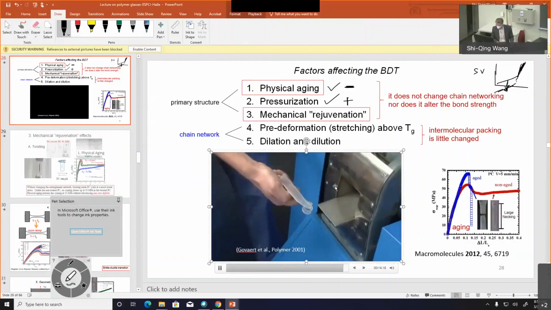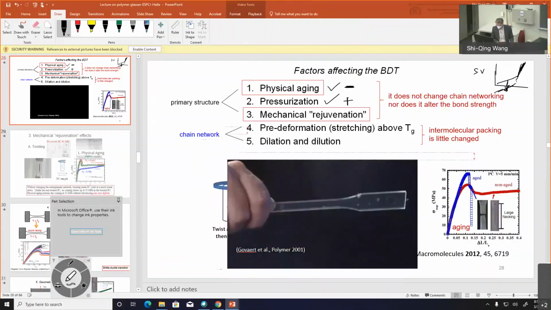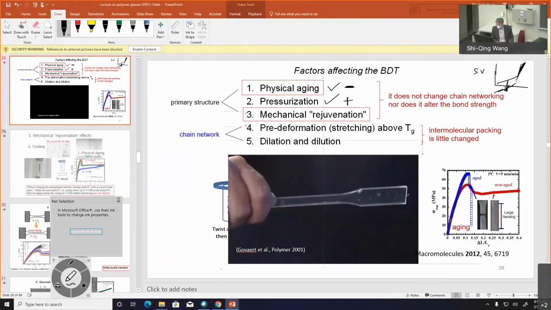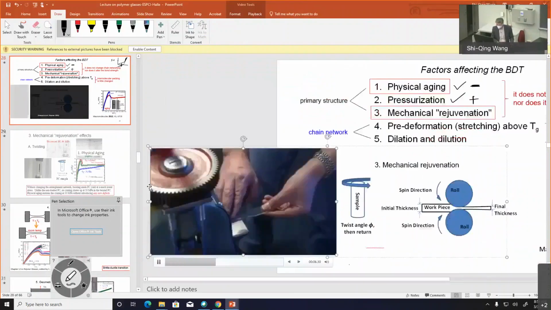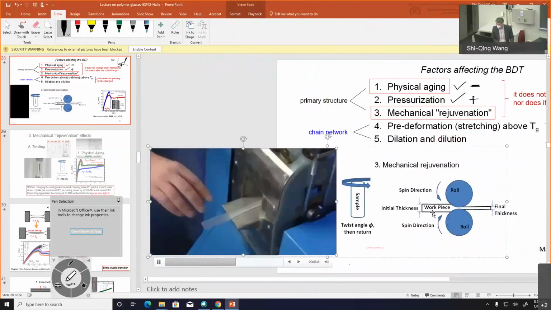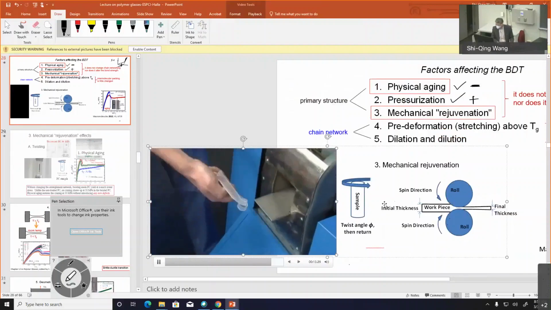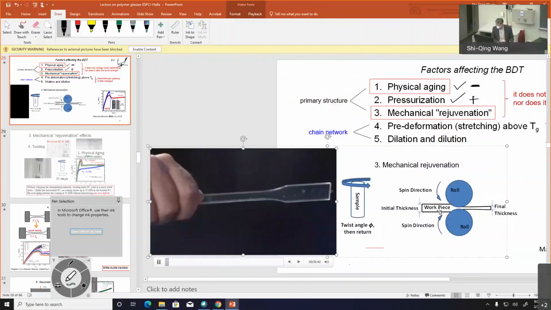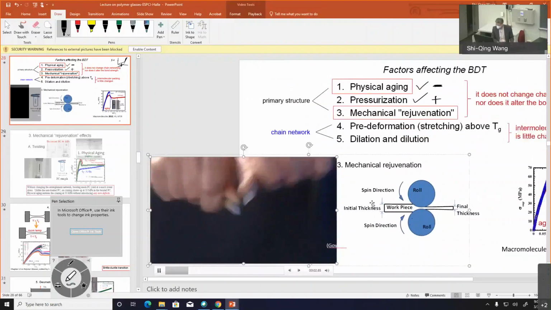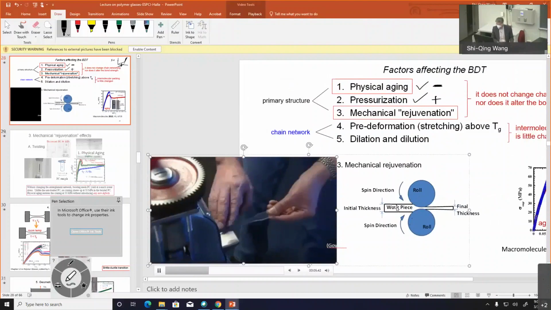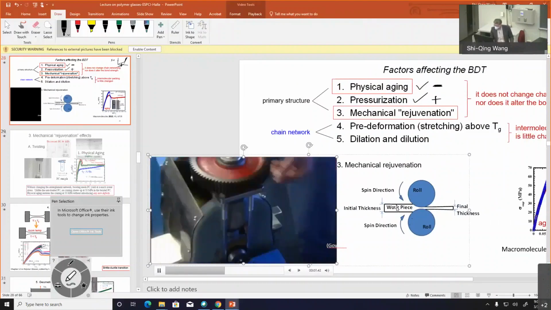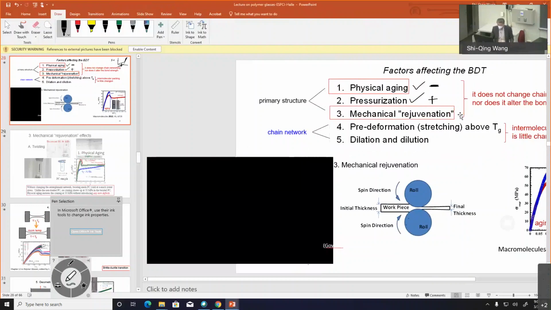Play mode is much better. So this is the illustration of it. You basically either use twist or you pass this through a two-roll mill. It turns ductile. So mechanical rejuvenation also makes your polymer ductile.